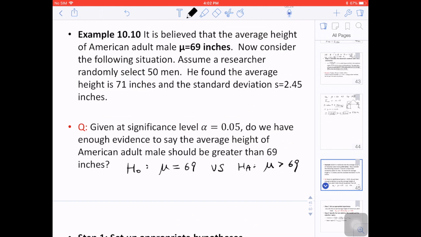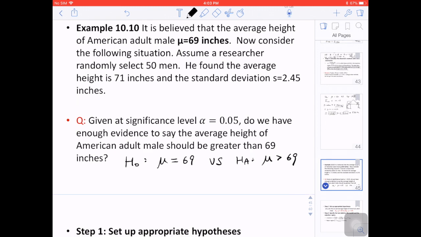In order to test this hypothesis, I have to set up my test statistic. Again, we start from the point estimator of this mu, so it's going to be x bar, right? In this problem, it says assume a researcher randomly selects 50 men. So our sample size is 50. The average height is 61, and the standard deviation is 2.45 inches.